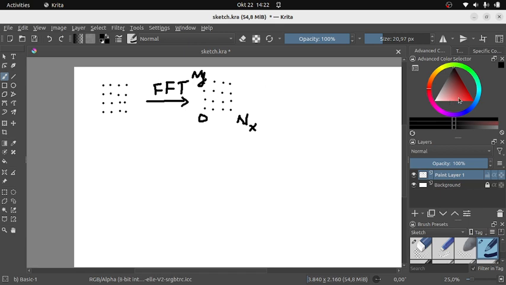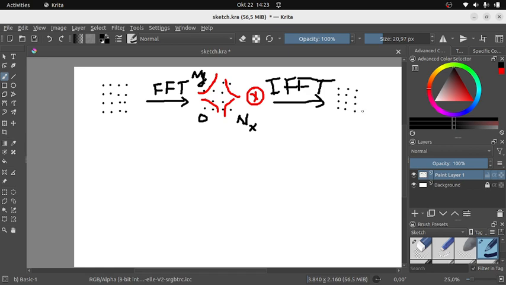So if we filled this array with a Gaussian, more or less like this, and then multiplied it with the transform of the original image, and then took the inverse Fourier transform, we would obtain the blurred image, which was the solution to the heat equation in 2D.